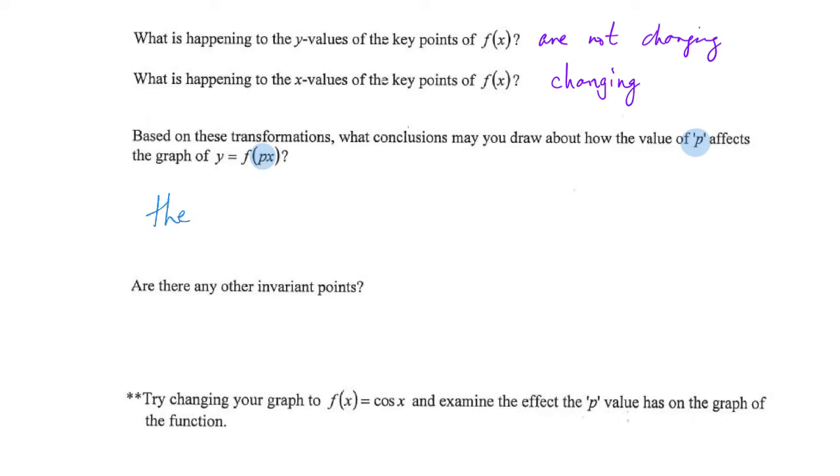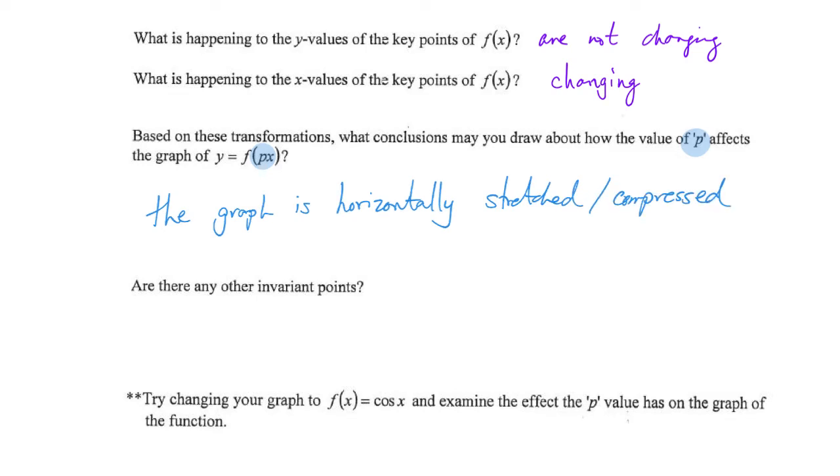Well, I noticed that the graph, my one that keeps changing, is now horizontally stretched or compressed. My y values didn't change, but my x values changed. Well, x values are horizontal coordinates, so my change to my graph must be horizontal.